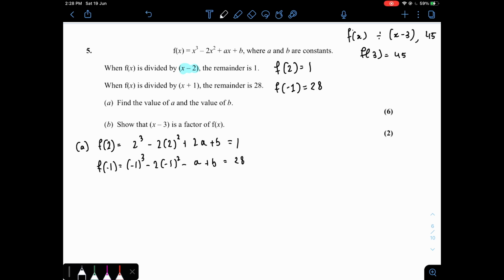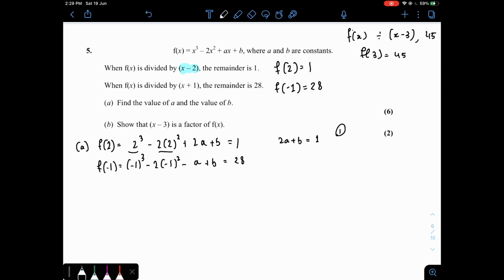So now let's simplify this. So 8 minus 2 times 4 is 8 minus 8, so this will be just 2a plus b equals 1. So that's our first equation that we can use to solve simultaneously.